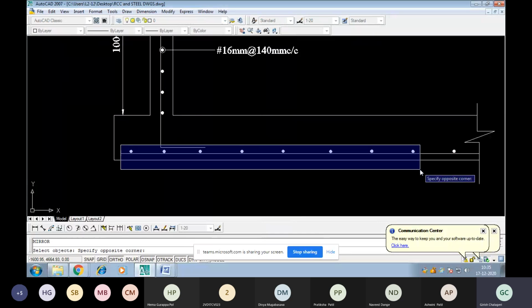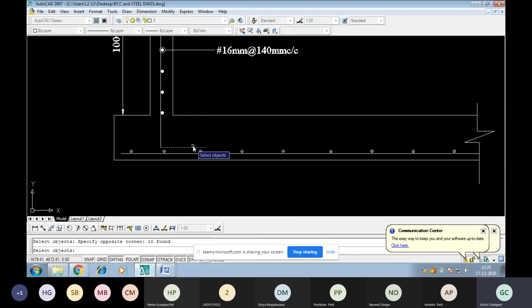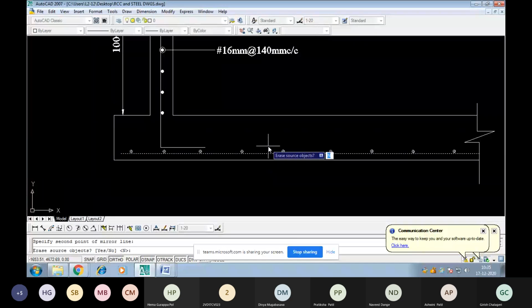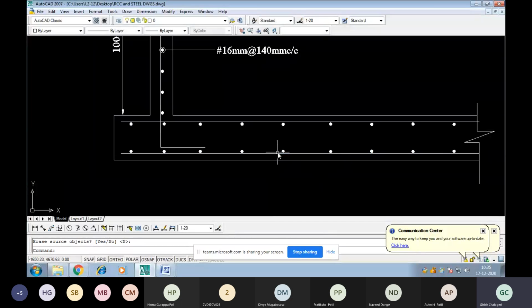See what options we can use to draw this. Here the reinforcement is provided in this fashion.